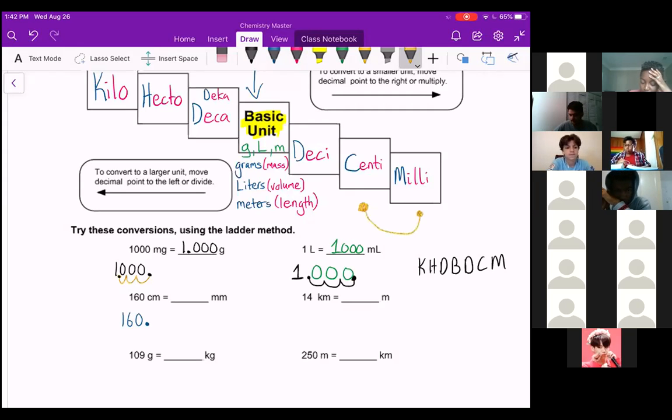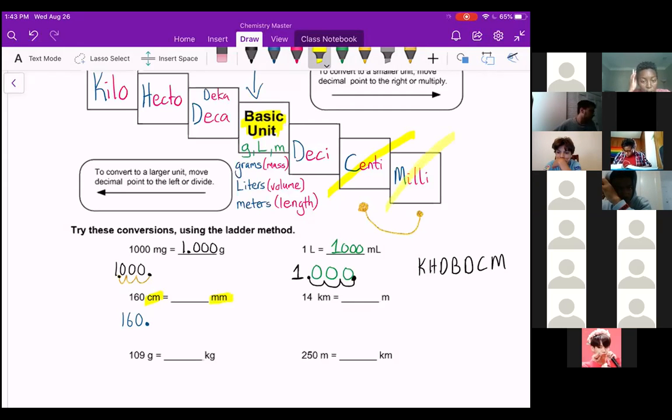Okay, so let me just show this again, just in case people aren't understanding. This says centimeter. I'm highlighting it right now. So that means we're in this box, centimeter. Then they want us to go to millimeters. That's the mm. So they want us to move to this box.